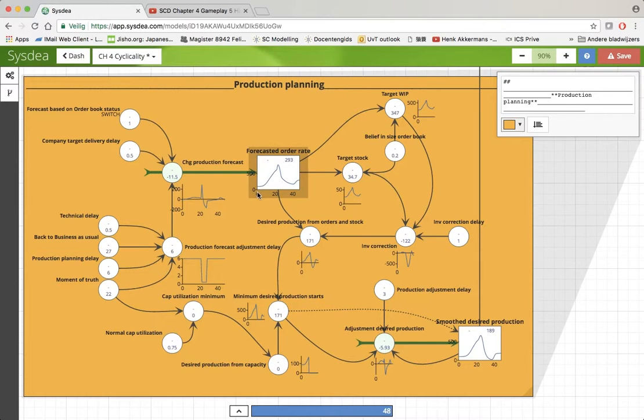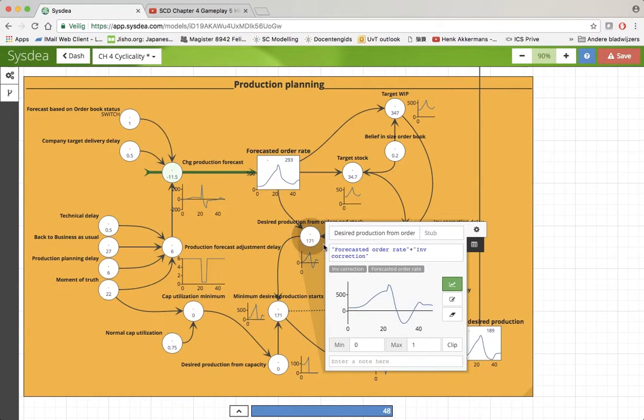Anyway, this leads to a smoothed process. You have a forecasted order rate. This then affects the desired production. But there's also a correction for stock imbalances. If the target work in process and the target final stock is not equal to the actual inventory, then this will lead to an inventory correction, and that's also up here.